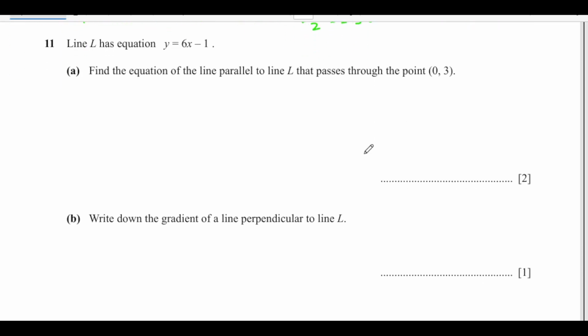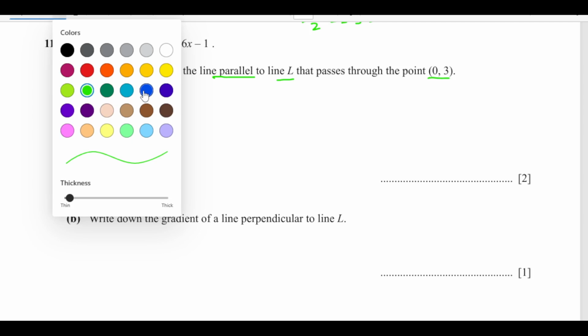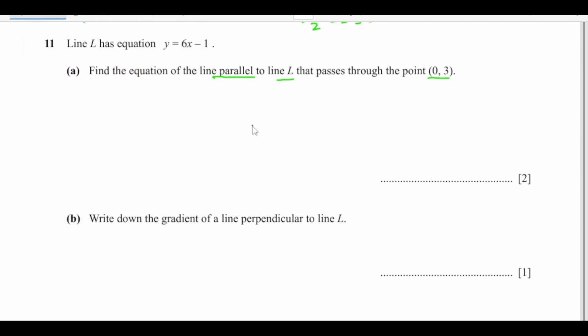Now question 11, line L has equation 6x minus 1. Find the equation of the line parallel to line L that passes through the point 0, 3. So the line passes through 0, 3. When lines are parallel, the gradients are equal.